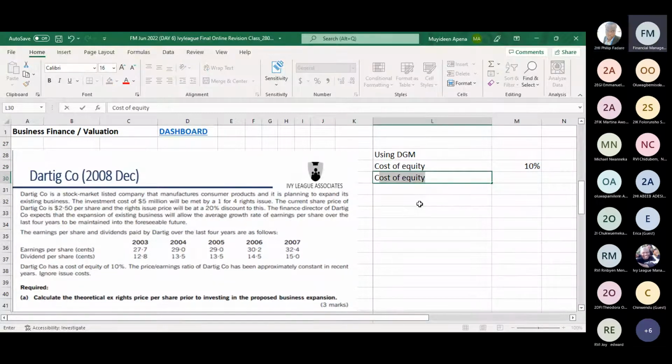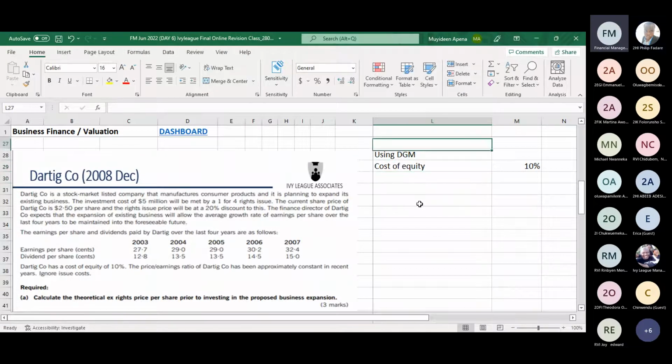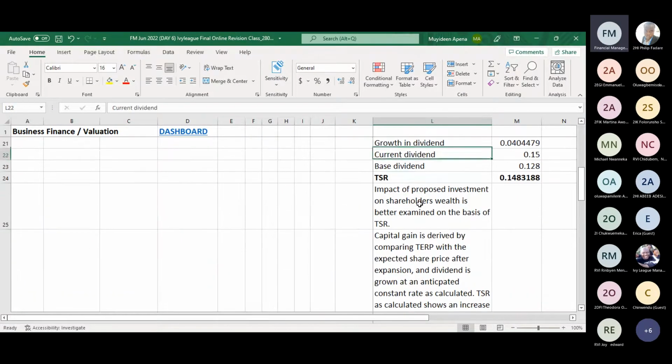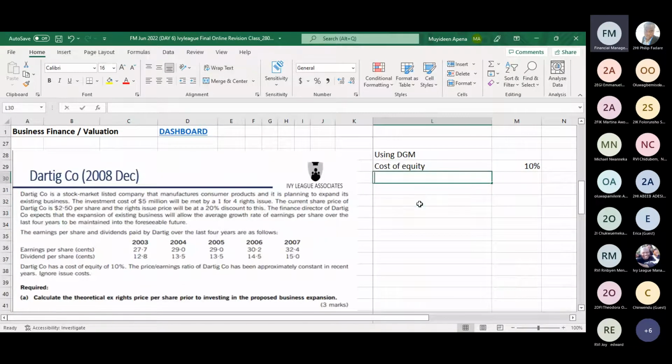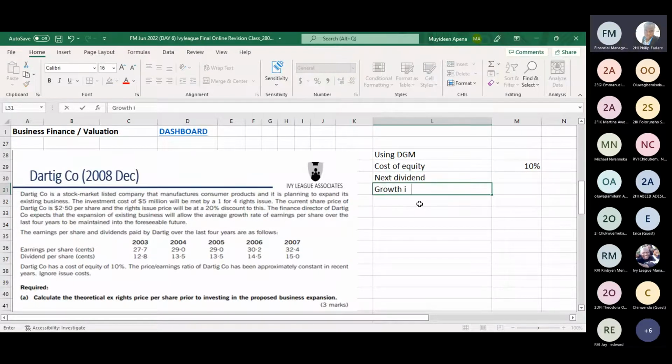So we know the current dividend, which we have also used growth to calculate the next dividend. Maybe I should just restate them here. Next dividend, growth in dividend.